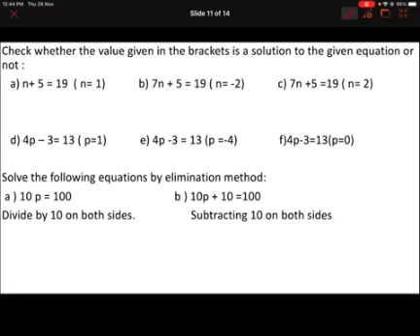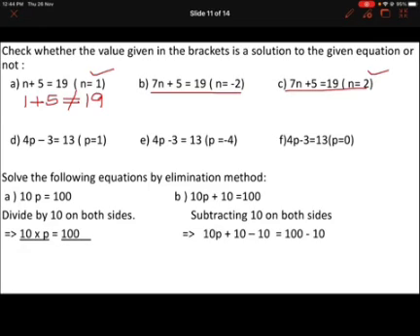So n equals 1. 1 plus 5 is definitely not equal to 90. So this is a no. Similarly, you can see all these equations and check if the given value satisfies or not.